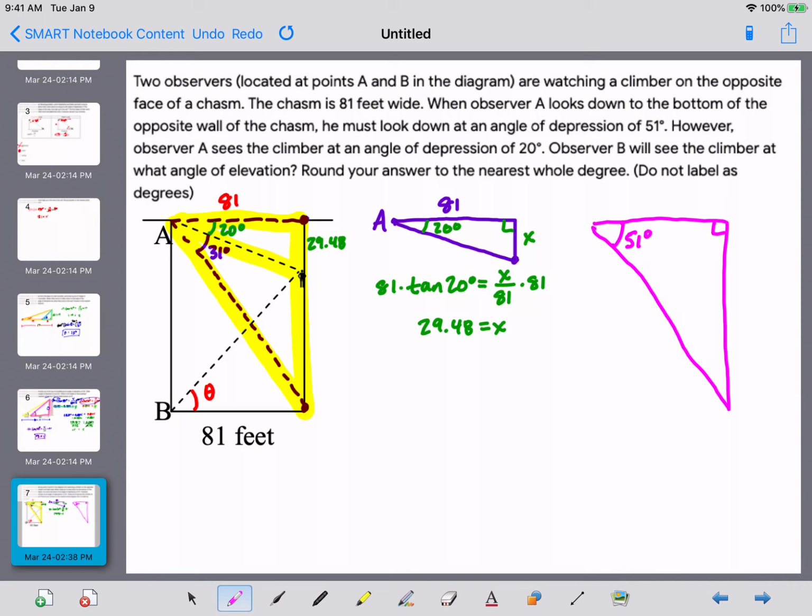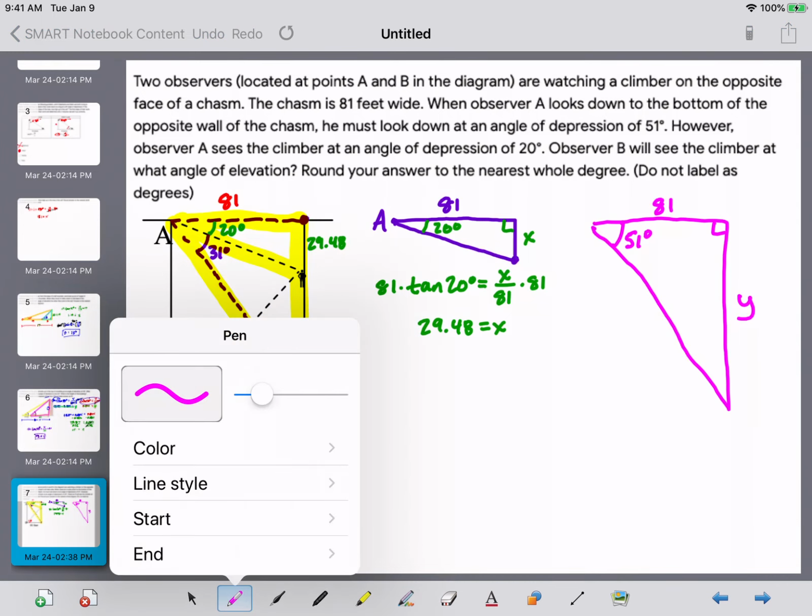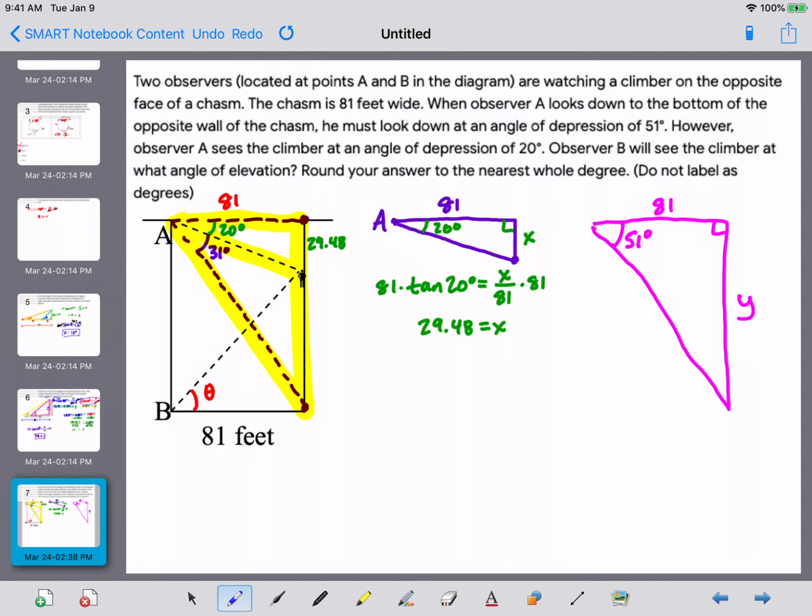It's the right angle. And we know this is still 81. And we're going to call this y. Same setup, still opposite and adjacent. So tangent of 51 degrees is y over 81. Multiply by 81. Throw it in your calculator. 81 tangent of 51 is about 100.03.